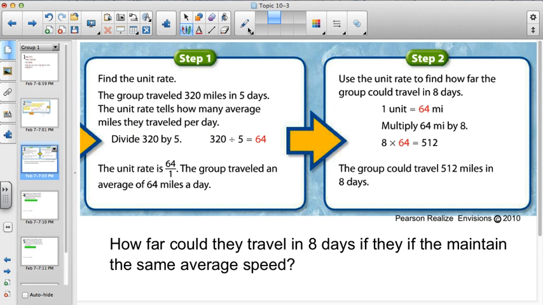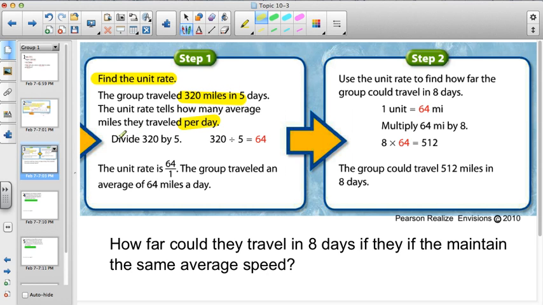Okay? Now, what they do is they tell you to first find a unit rate. Now, we know the group traveled 320 miles in 5 days. The unit rate tells how many average miles they traveled per day. So we're going to get a per day rate from this 320 in 5 days.